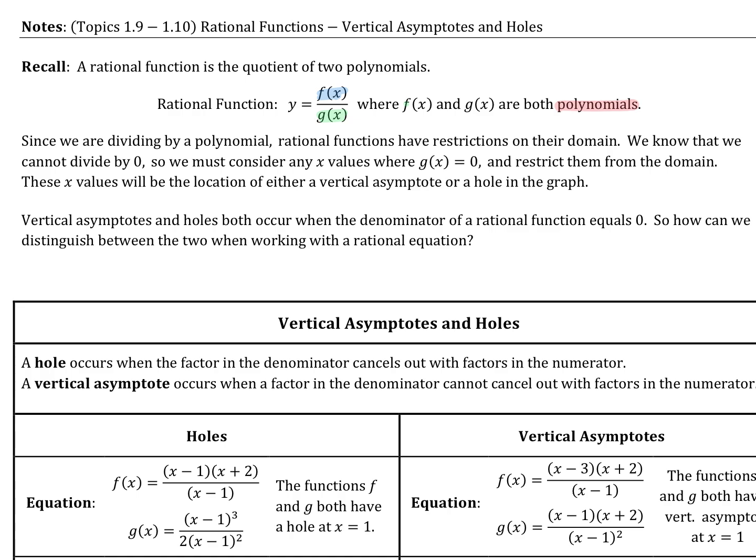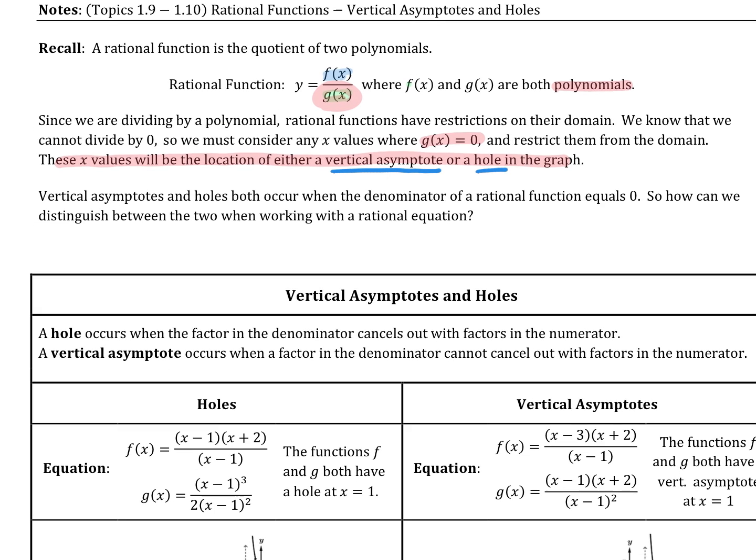Now, these values will be the location of either a vertical asymptote or a hole in the graph. Take note of that again: these x values, which come from g of x, your denominator, will either give you a vertical asymptote or a hole in the graph.